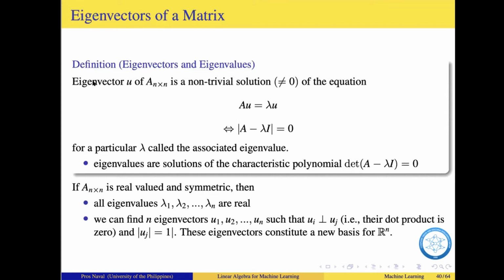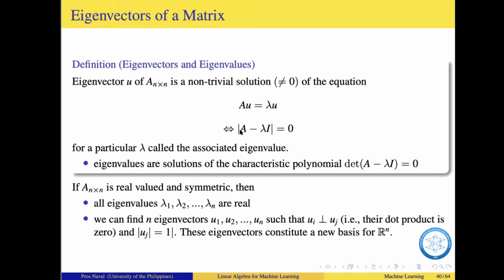Okay, so the definition of eigenvectors and eigenvalues. The eigenvector u of an n by n matrix A is a non-trivial solution of the equation Au equals lambda u.